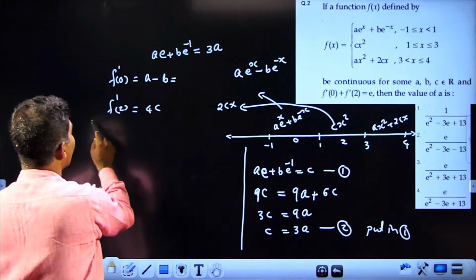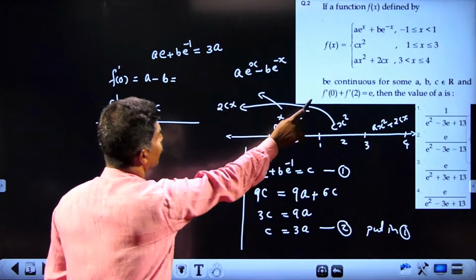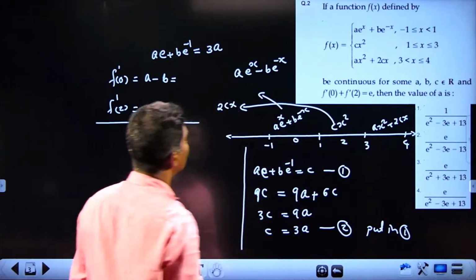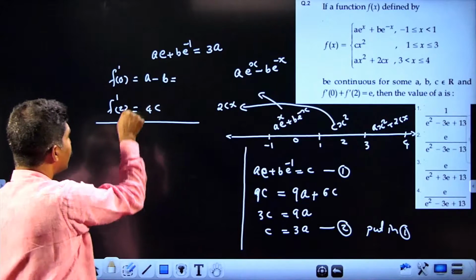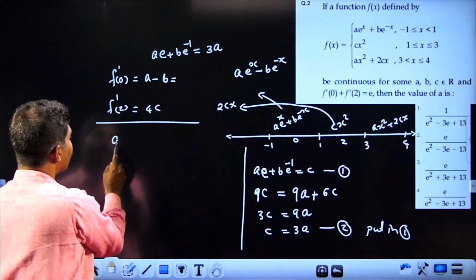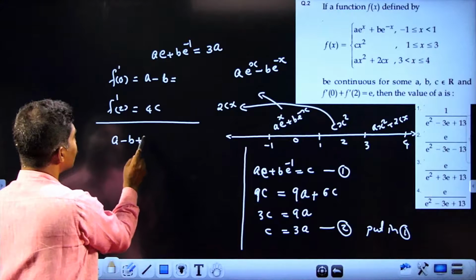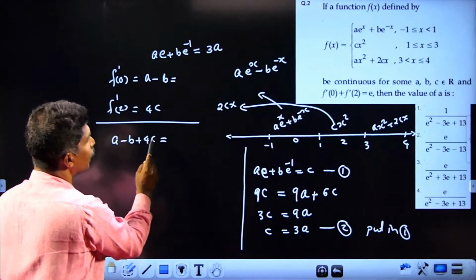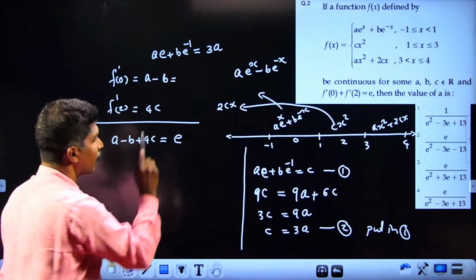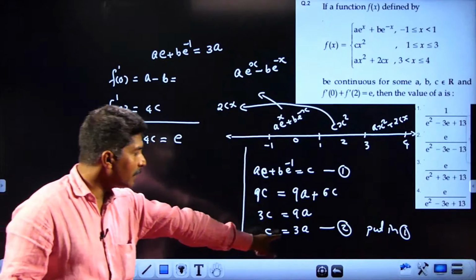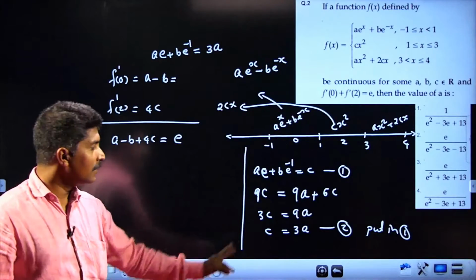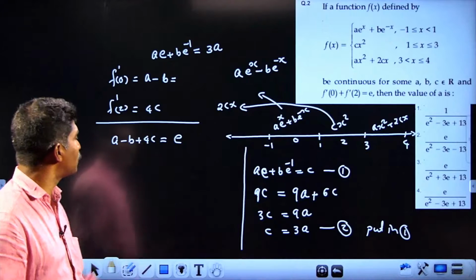Now, adding these two, what is given? F dash of 0 plus F dash of 2 is equal to E. So adding these two, you can see that A minus B plus 4C is equal to E. Again, you can see that C is equal to 3A, and we will substitute that here.